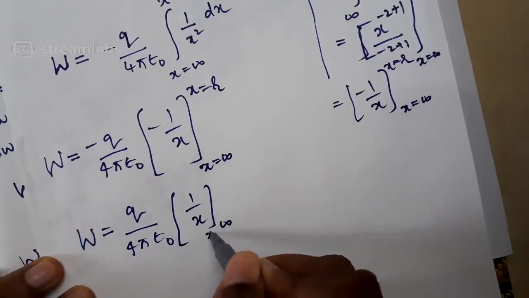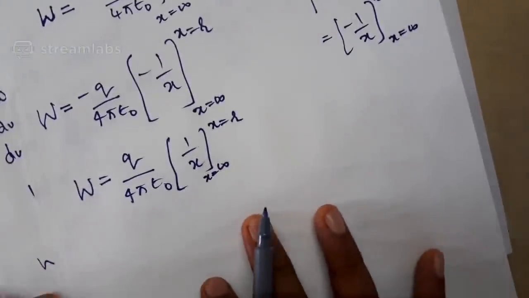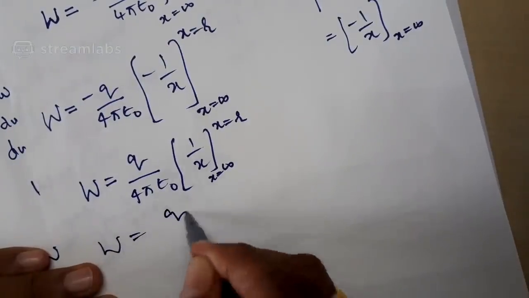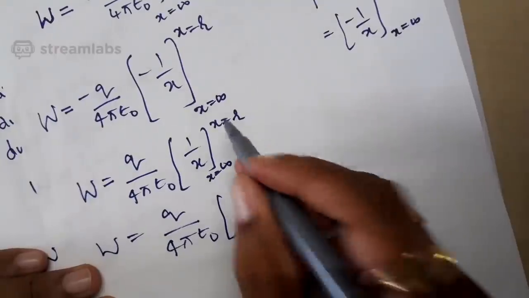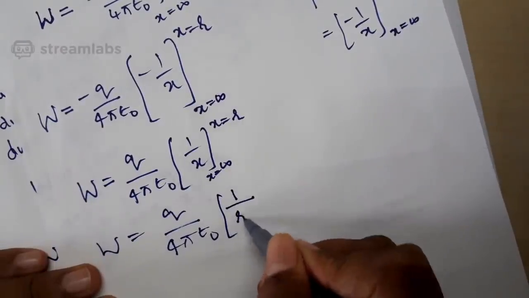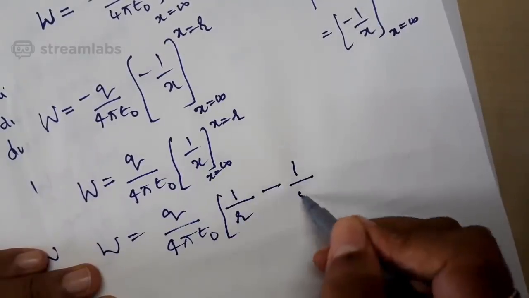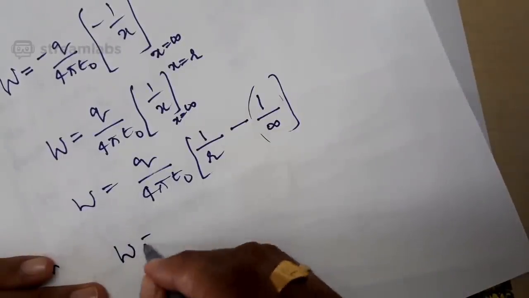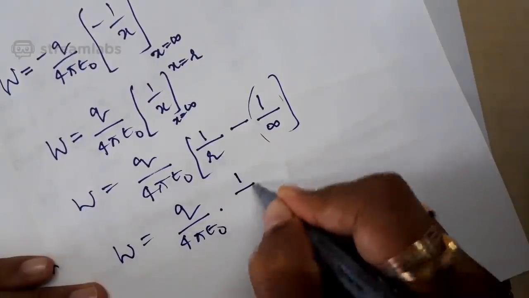You know the basic rule of putting in the limits: first put the upper limit minus the lower limit. So W is equal to q by 4 pi epsilon naught into, the upper limit is r, 1 by r, minus 1 by the lower limit, infinity. What is 1 by infinity? 0. So you will get W is equal to q by 4 pi epsilon naught into 1 by r, correct?